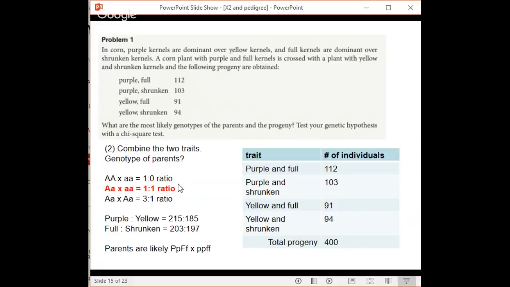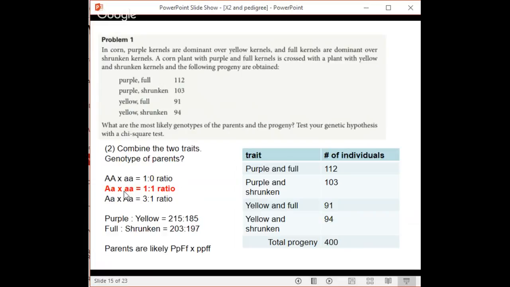So how can we determine the genotypes of the parents? When we do a monohybrid cross between a homozygous dominant and a homozygous recessive, all the progeny are going to be dominant. So that gives us a 1-to-0 ratio. When we cross two heterozygotes, it's a 3-to-1 ratio.